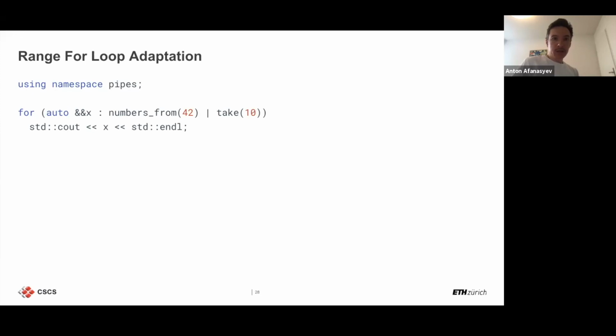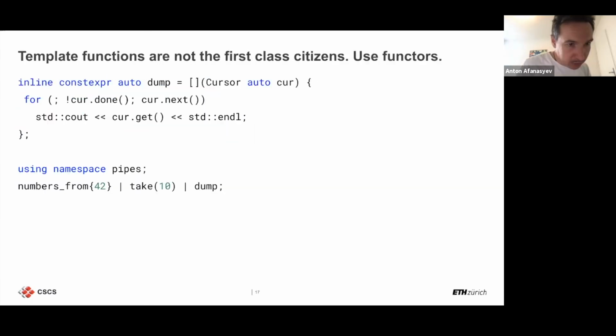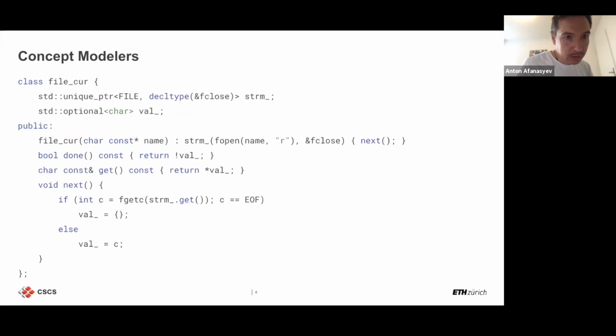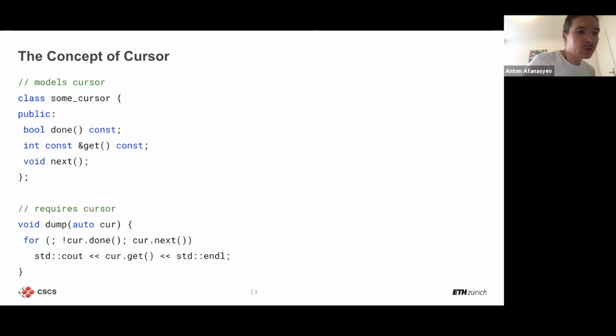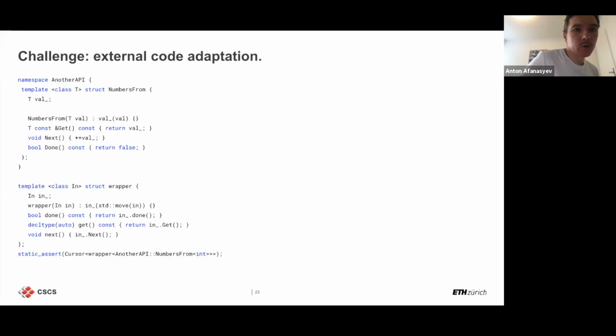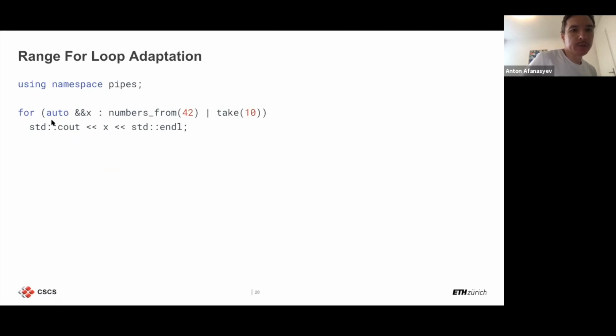At the end, the dump function that we had before is probably not that flexible, and we want our cursors to support the range for loop syntax like that, and this would be more natural for them, right? And it turns out that it is not that hard.